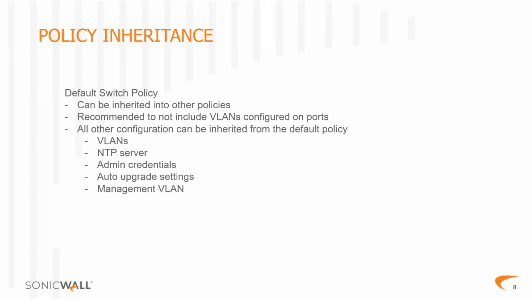All other configuration can be inherited from the default policy: VLANs, your NTP server, admin credentials, your upgrade options, the management VLAN, etc. This isn't a complete list, but these are some of the more important items worth mentioning.